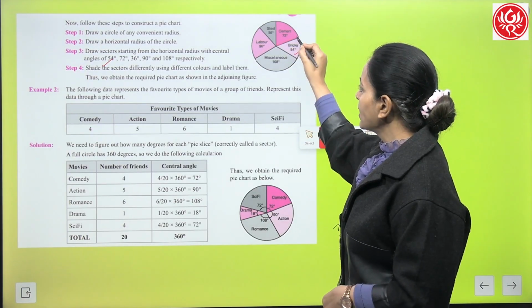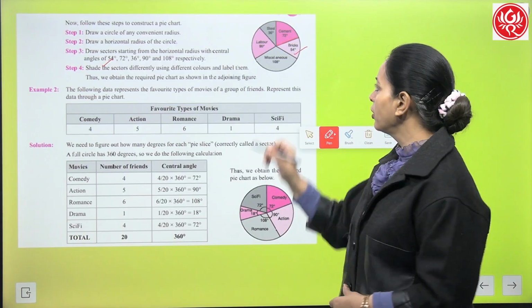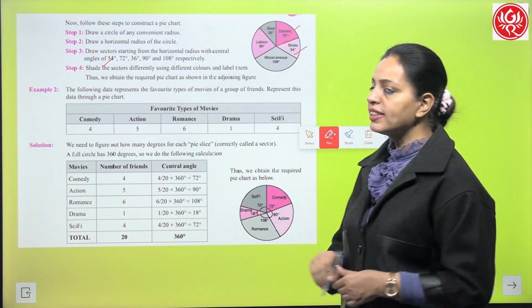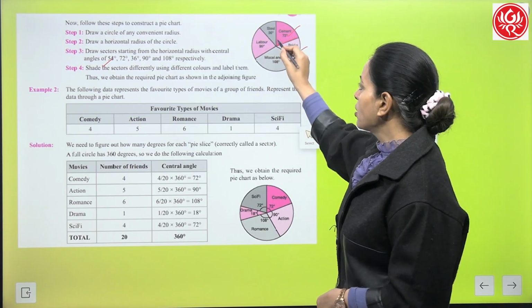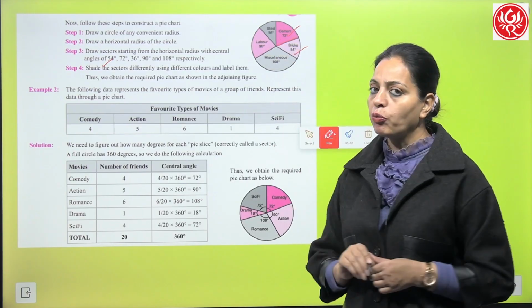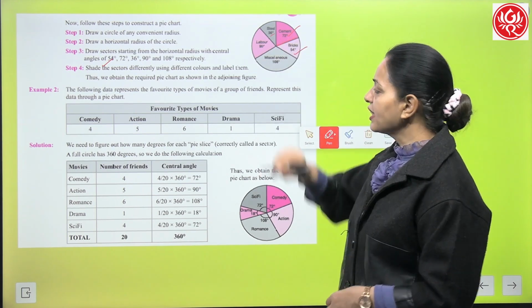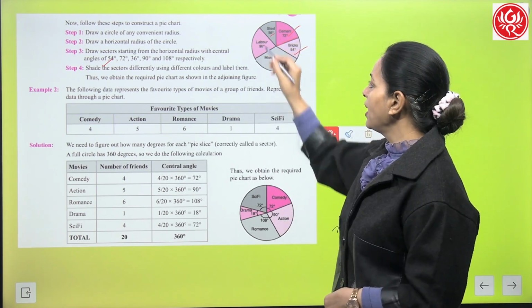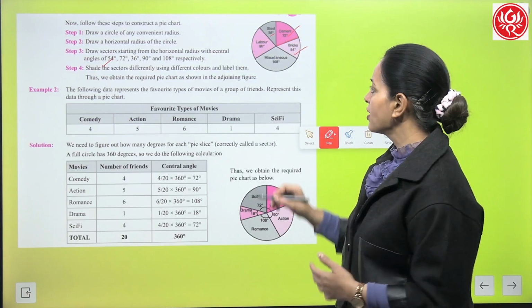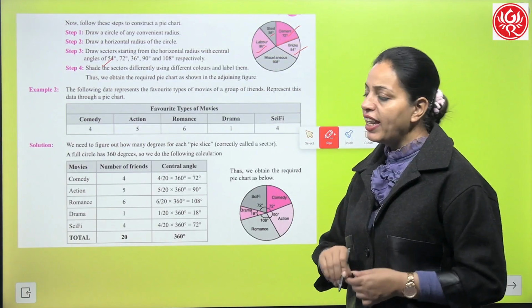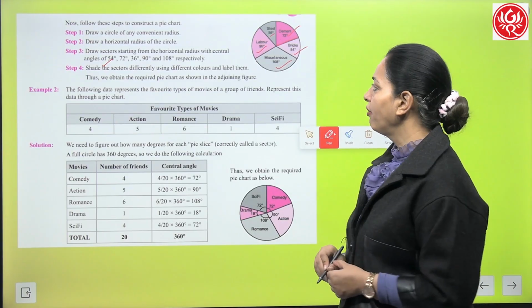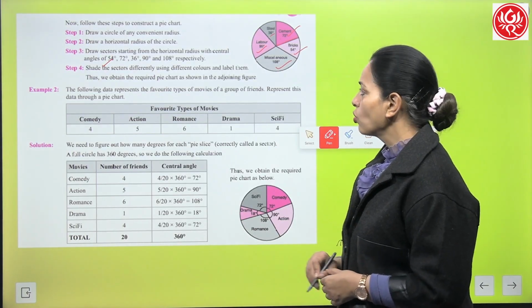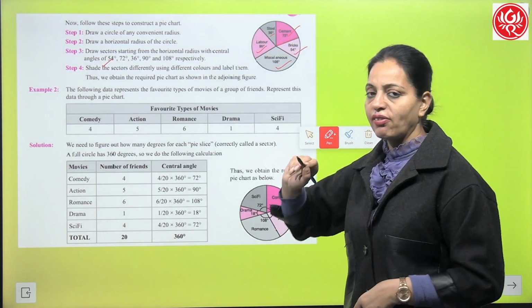Now we take this as the base, with the help of a protractor we can draw the next angle, 72 degrees. This one is the second sector. Now we take this as the base, with the help of a protractor we can draw 36 degrees. Now this is the base. Now with the help of a protractor we can draw 90 degrees, and with this base we can draw an angle of 108 degrees. So we are getting it like this, right.